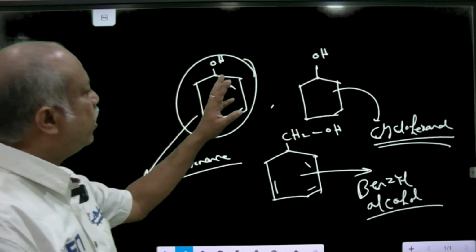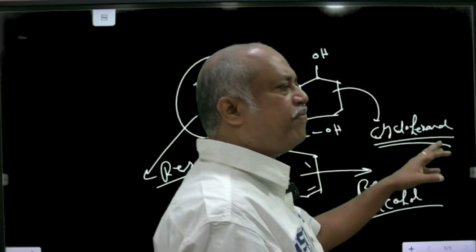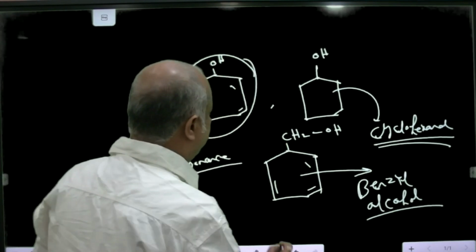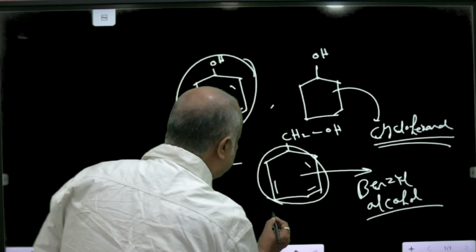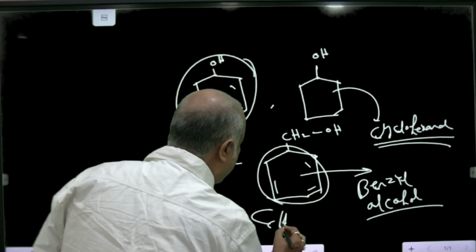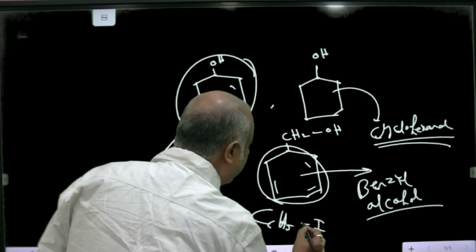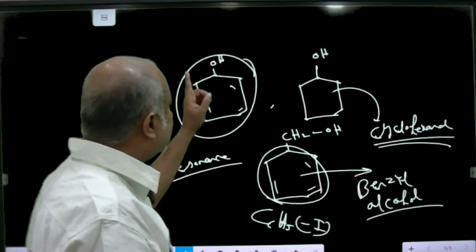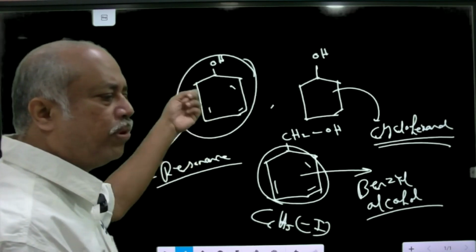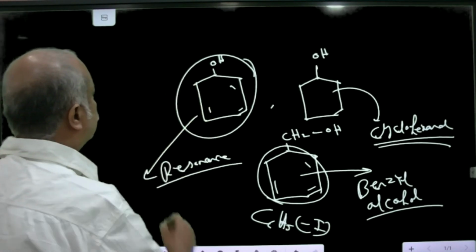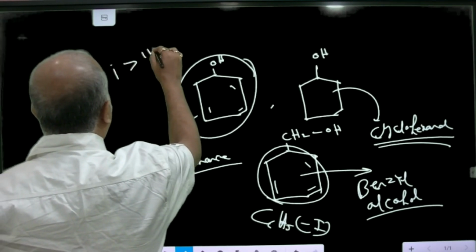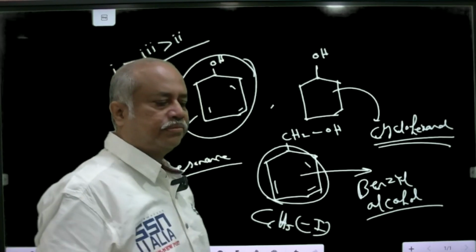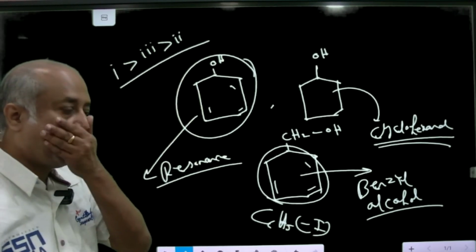In case of cyclohexanol, there is no plus I effect, no minus I effect, no resonance. But in case of benzyl alcohol, C6H5 has a small minus I effect. So the phenol option is highly stabilized by resonance. Resonance always increases the acidic character. So 1 greater than 3 greater than 2. Done the problem.